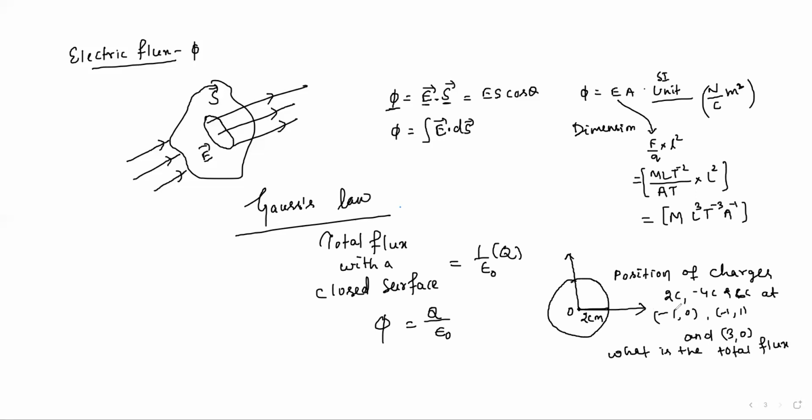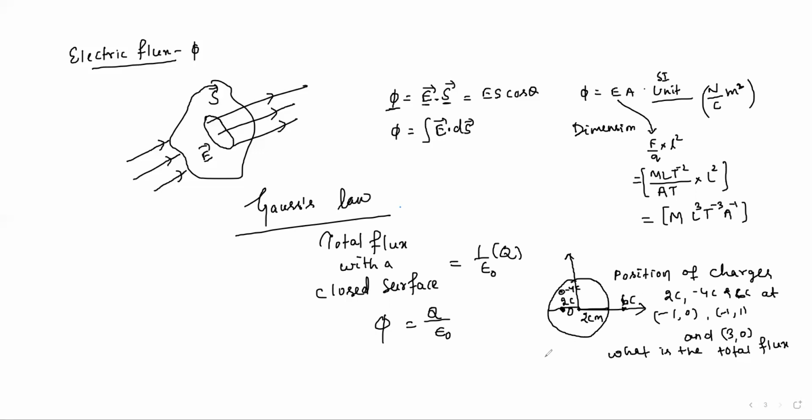So you have to locate the charges here. (-1, 0) is on this side, 2 Coulomb is there, and (-1, 1), both will lie inside the circle. So here 2 Coulomb, here -4 Coulomb, and (3, 0) is outside, here 6 Coulomb.